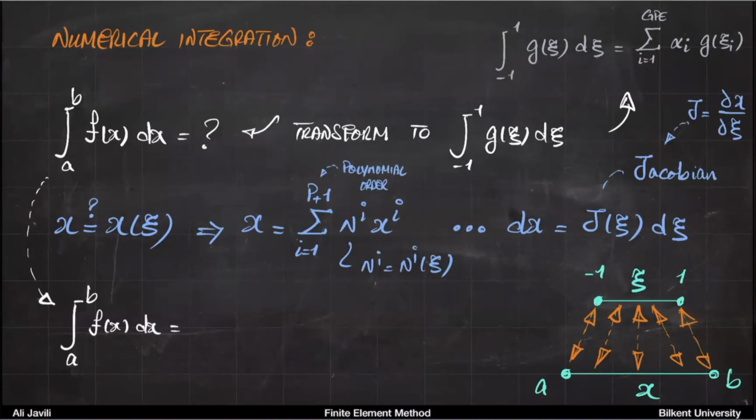Now, with this transformation, this integral would be, let's say, from -1 to 1, f of x of c, well, let me just call it f of c, where all you have done is write x in terms of c, and then you have that J dc.